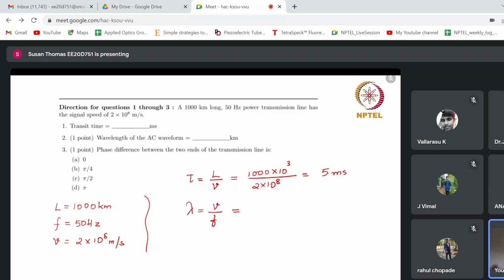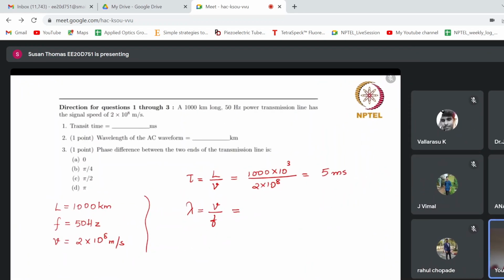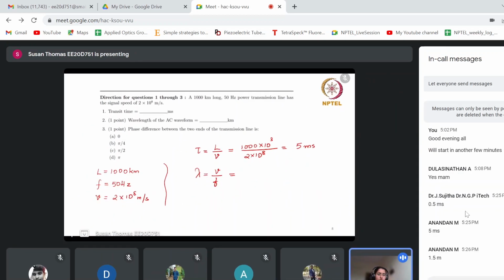Can you please try? Please do try and give the answers in the chat. Whoever has given the answer, can you please recalculate?